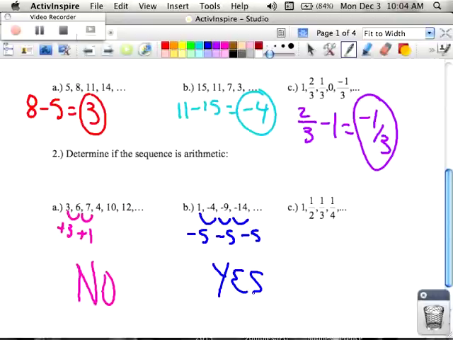Does anybody know the difference between a sequence and a series? Gannon?